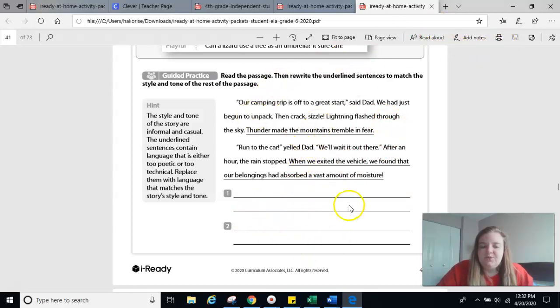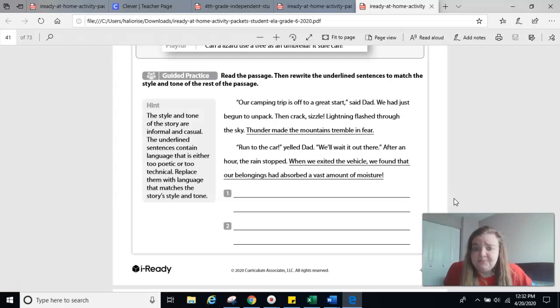Same thing with this one. When we exited the vehicle, we found that our belongings had absorbed a vast amount of moisture. So, run to the car, yelled Dad. We'll wait it out there. After an hour, the rain stopped. When we exited the vehicle, we found that our belongings had absorbed a vast amount of moisture.